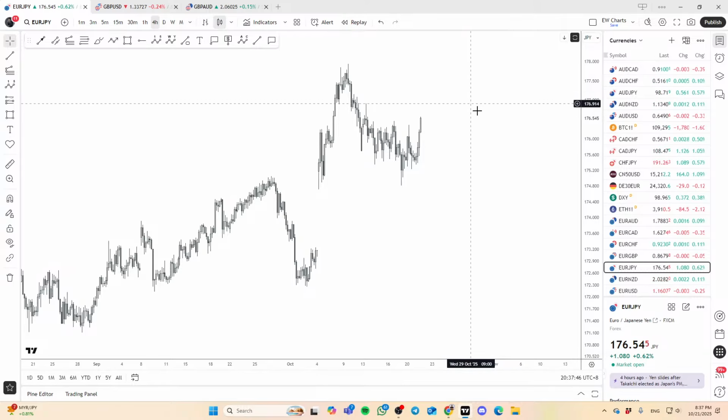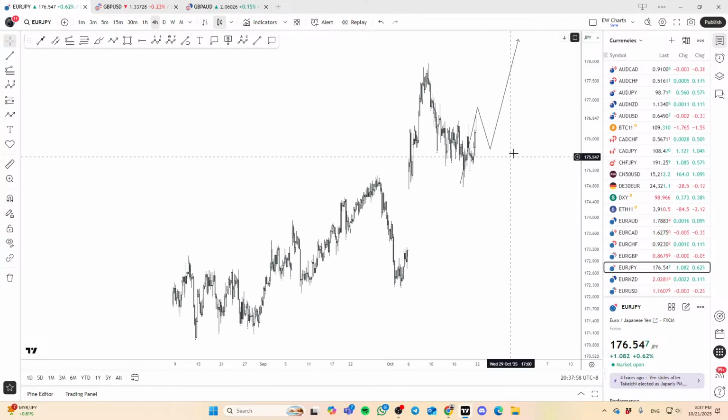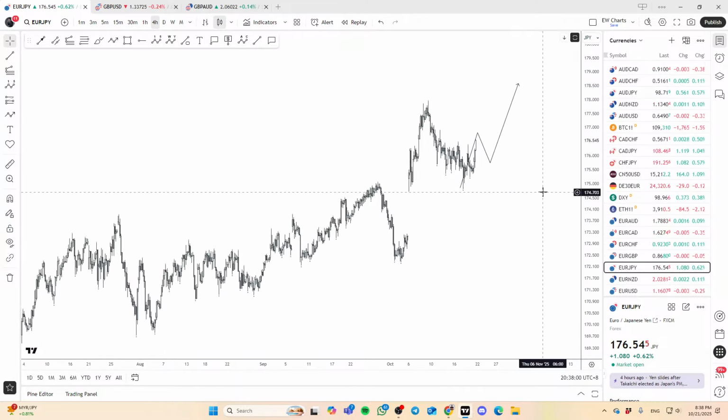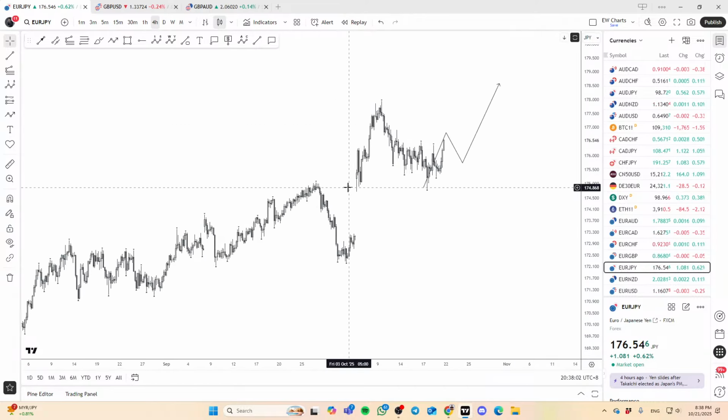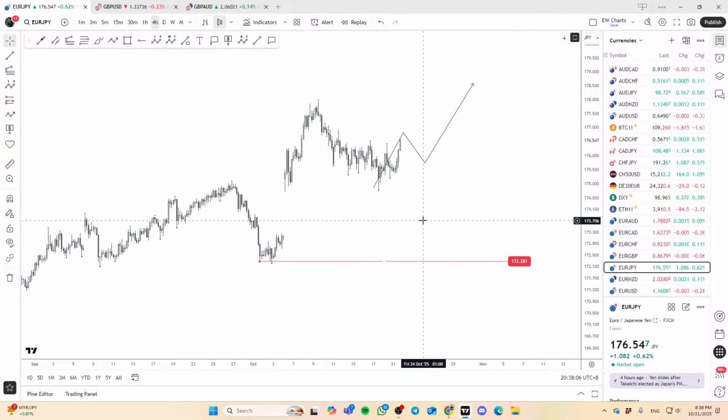So Euro Yen, to be very honest, all the yen pairs are generally going to look the same. You can see this as an impulsive leg, so we are definitely expecting more upside. This would still serve as an invalidation level.